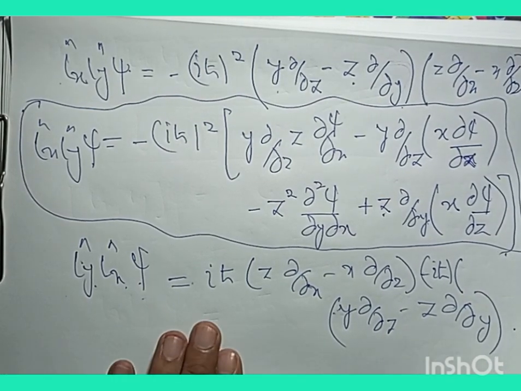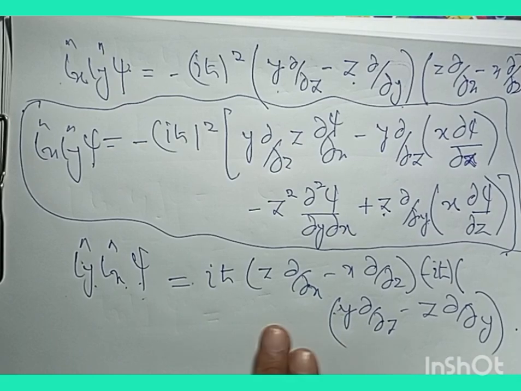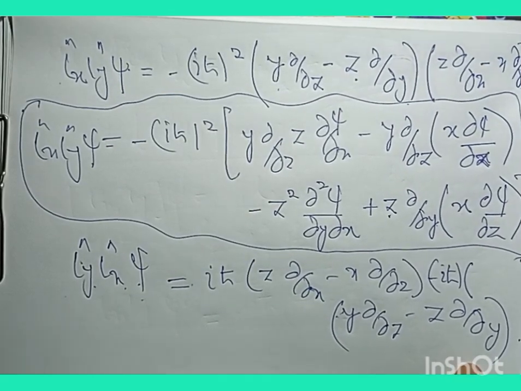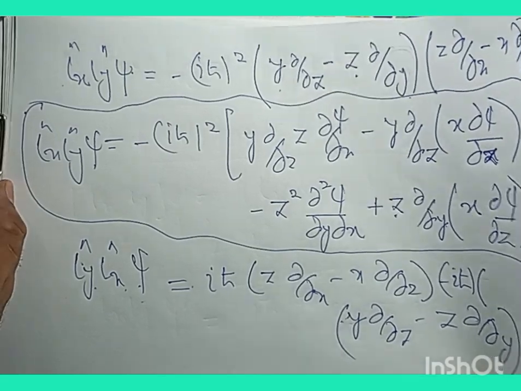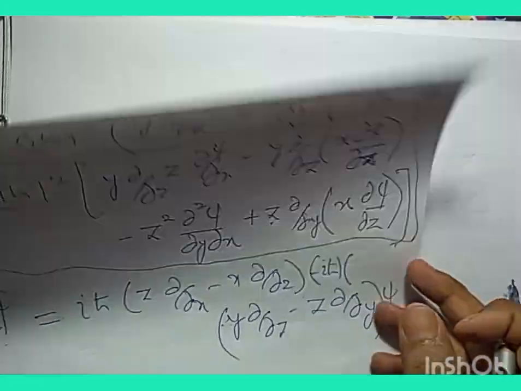So on similar lines, we will have (iħ) whole squared, and we would like to multiply them. On similar analysis, we have operated this on ψ.